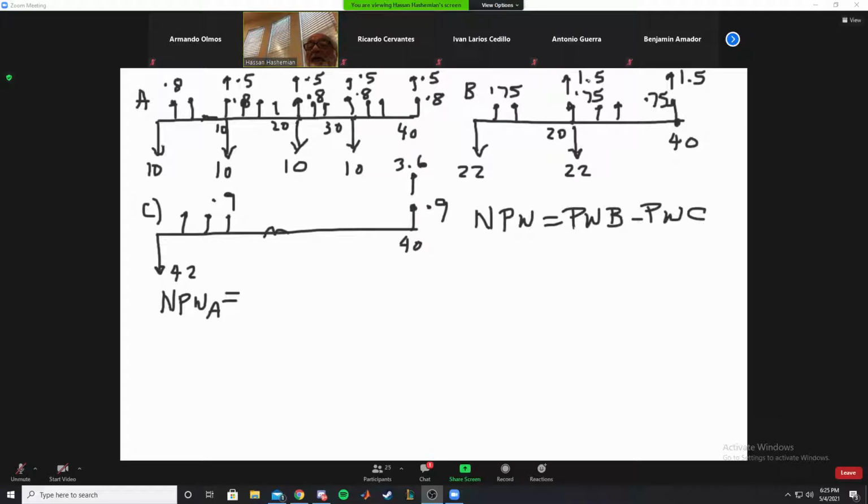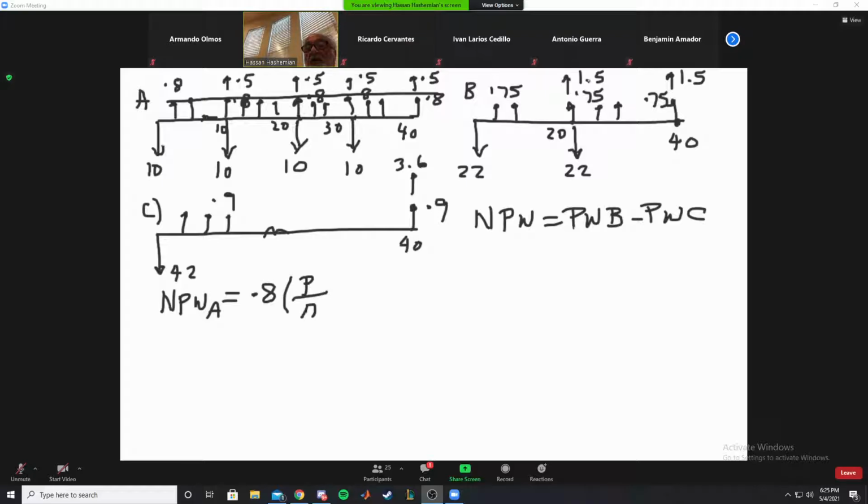What would be my benefit at the present? My benefit is only 0.8, and it goes all the way. So I have 0.8, which is my benefit. This is annual, so that's the A. If I want to bring it to present, I multiply by P over A, correct?